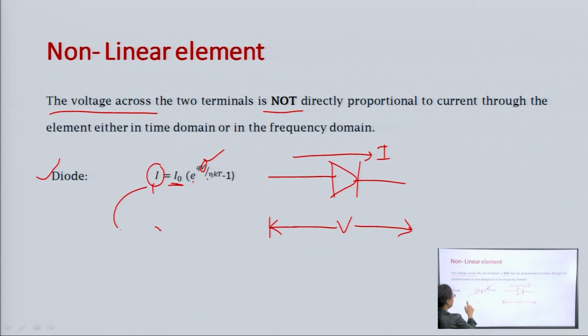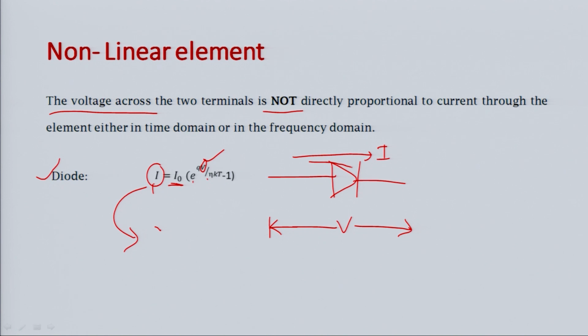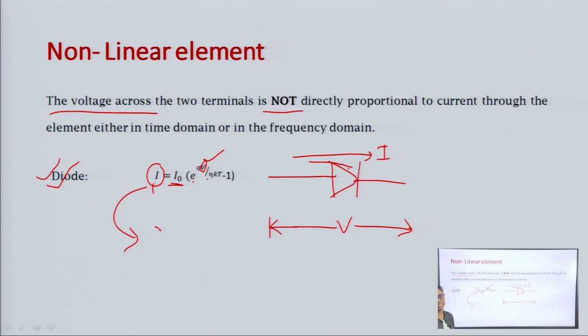If we take the Laplace transform of it also, it will not be proportional in the frequency domain either. So in both domains, the voltage across the diode is not proportional to the current flowing through it. So the diode is a non-linear element. Similarly, all the other electronic devices are of non-linear nature, so they are non-linear elements.